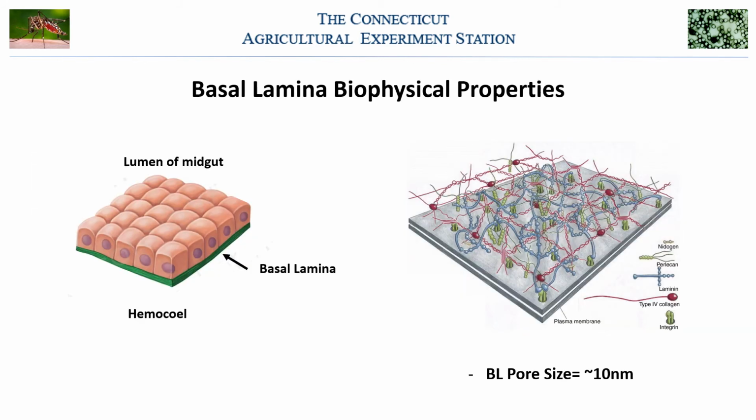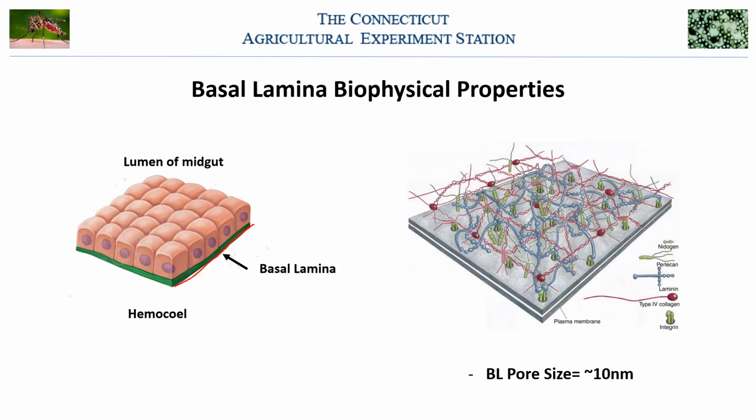One thing I want to talk about is, as I said earlier, the midgut has these midgut epithelial cells, which are represented here by these peachish-colored little cells with little nuclei on the inside. It's a single cell layer thick, and it's supported by an underlying tissue that we call the basal lamina, which provides support and protection to the midgut epithelial cells.